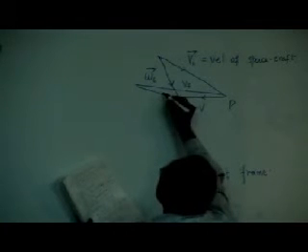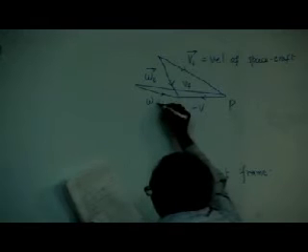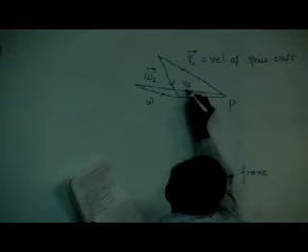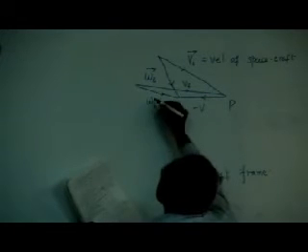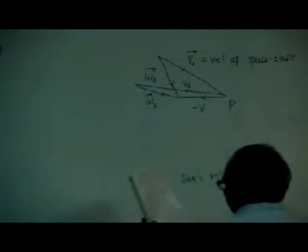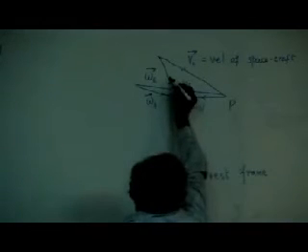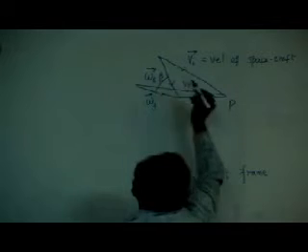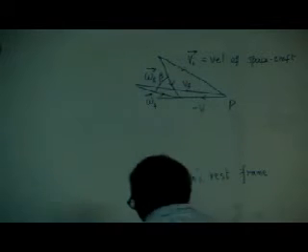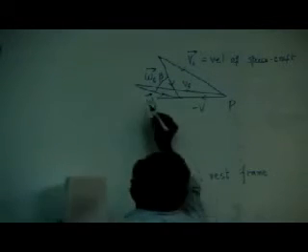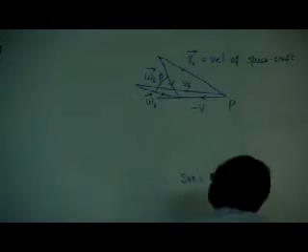I will write this as omega i and omega f. So vf is this and omega f is this. And this angle is given. Let me give some symbols to this.